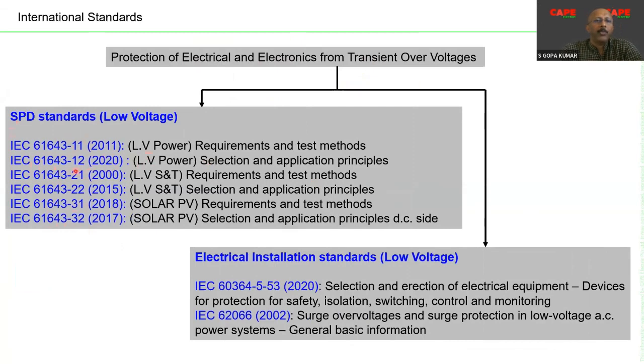Of course, not the latest one. For example, for part 12, 2020, an upgraded version has been published by the IEC, but the Indian standard is a little bit from the old IEC. We also have the IEC 60364. What I am going to refer to is from both these standards, 60364 2020 and 61643 2020.